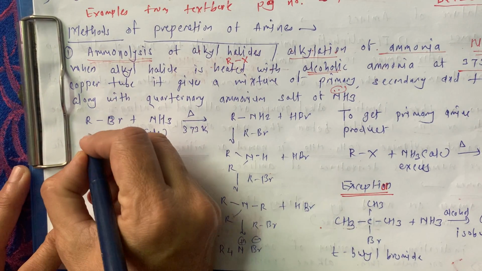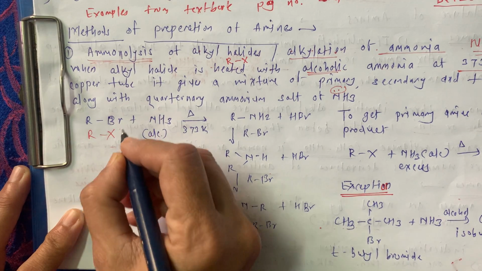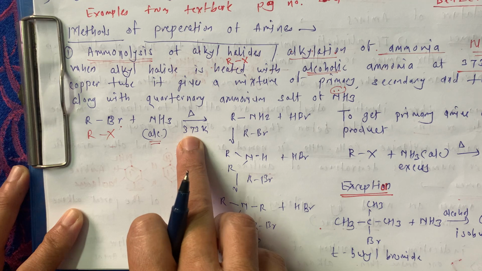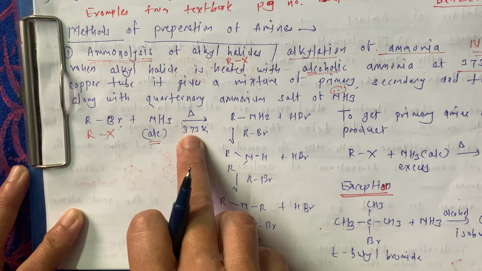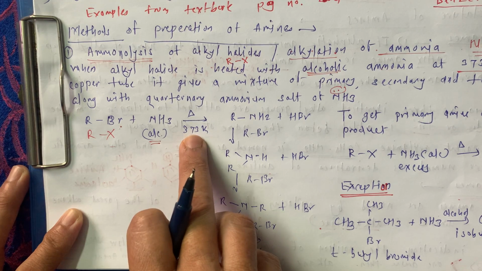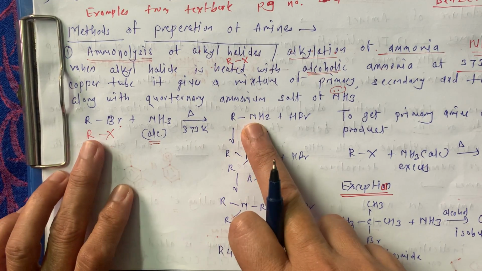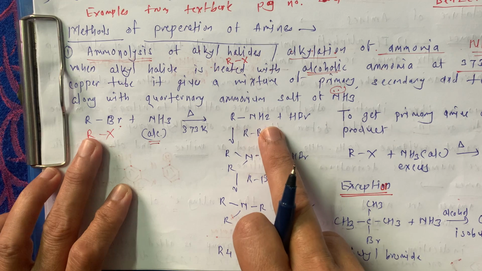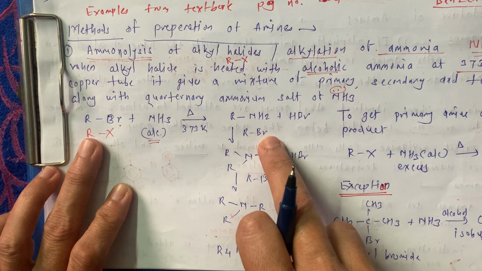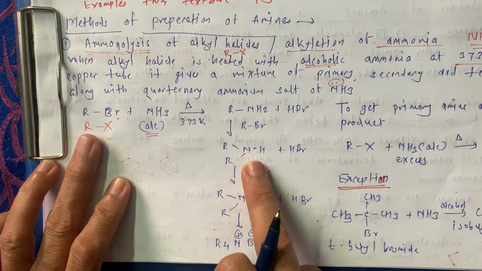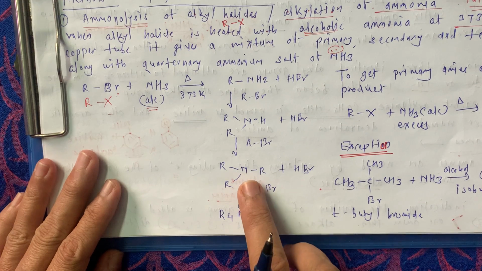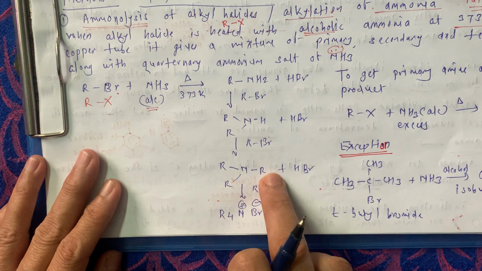So what is that reaction? This is our alkyl halide, where X is now bromine. With alcoholic ammonia at 373 Kelvin, sealed in a copper tube and heated, the first product is RNH2, that is primary amine. Further this reaction continues, then this is our secondary amine, then this is our tertiary amine, where 3 R groups are attached.